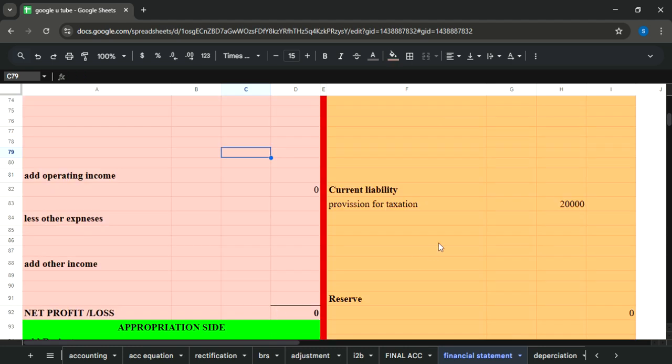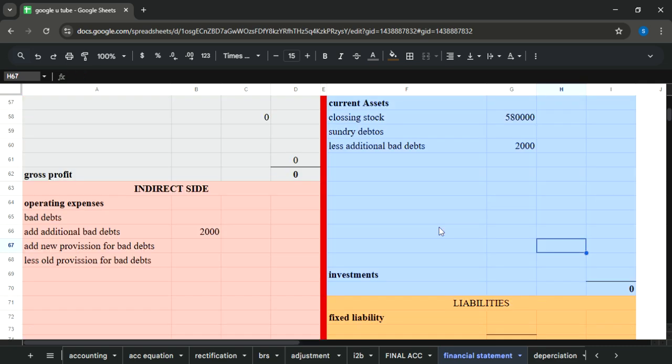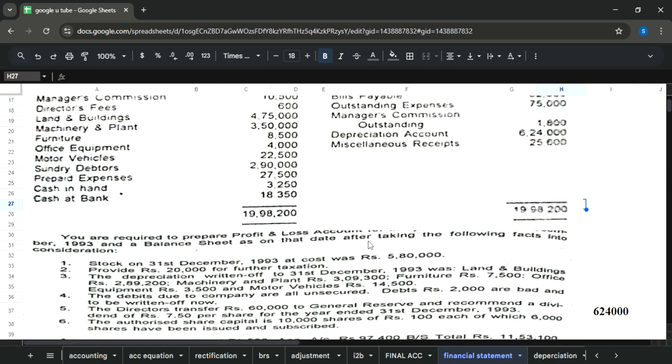And now let's come to current liability, provision for general reserve, and the amount 60,000 would also be mentioned on the current liability side. So 60,000 completed.